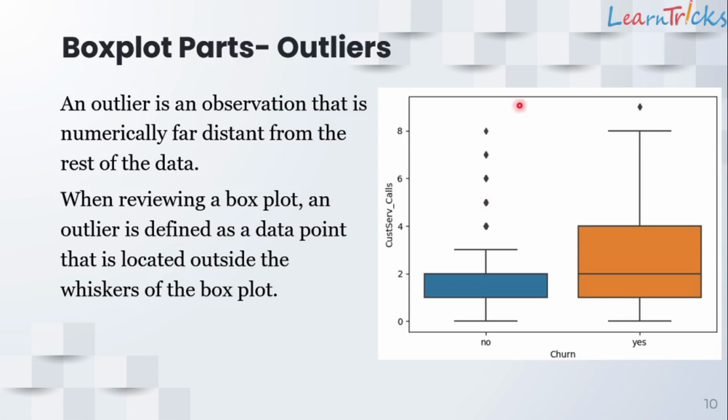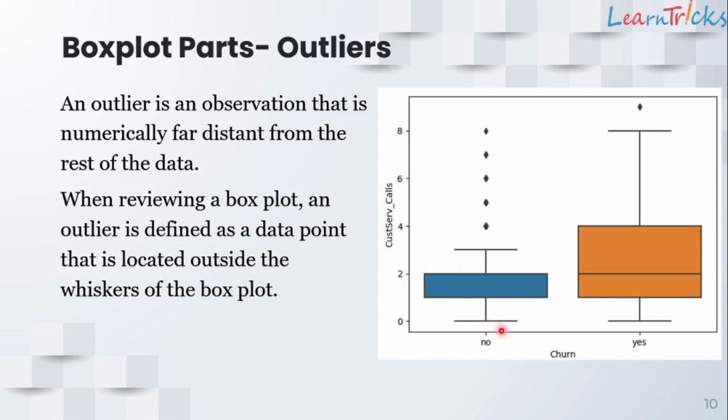So this plot shows a churn model for a variable. There will be two outcomes of churn: obviously no churn and yes for churn, and the y-axis is customer service calls, meaning the number of customer service calls.